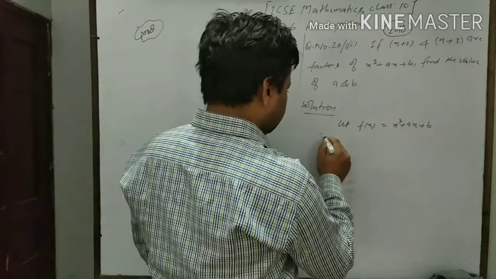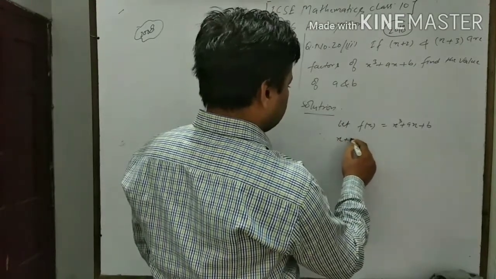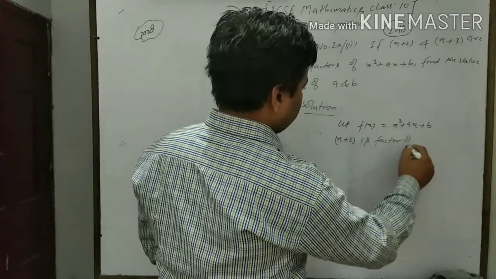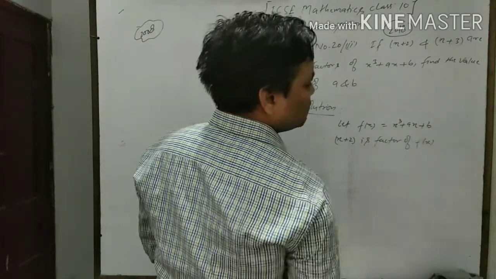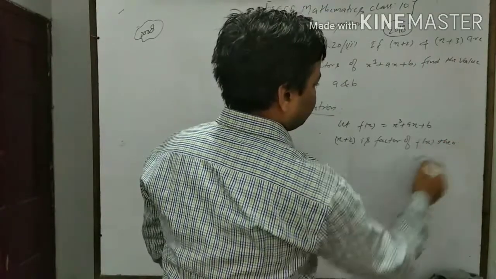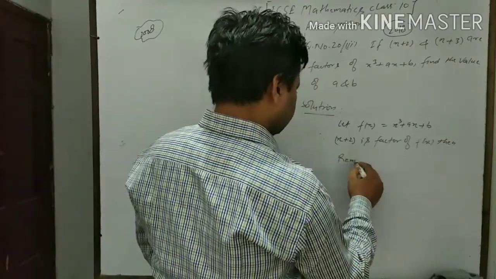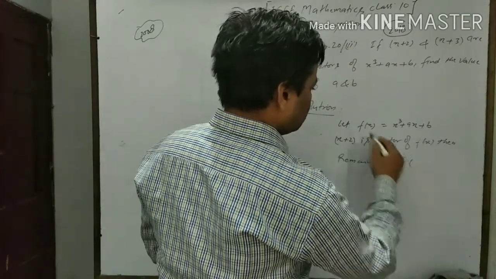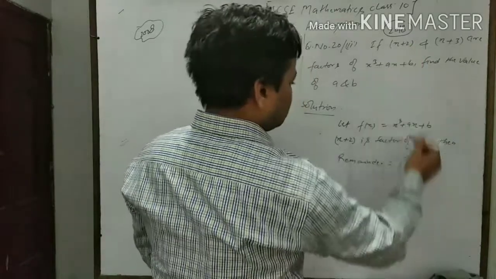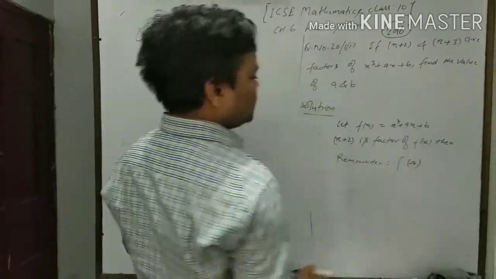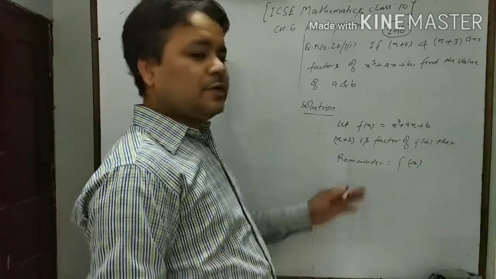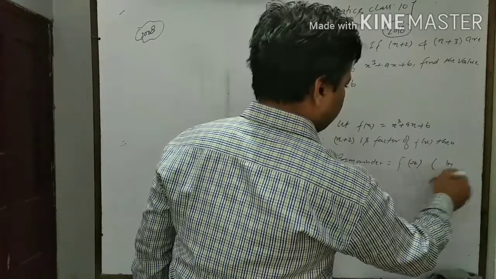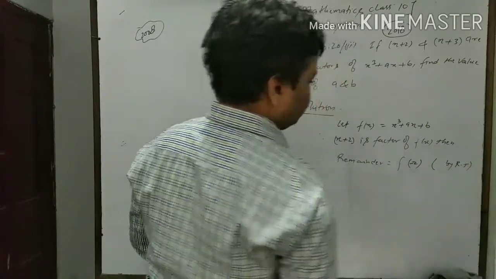After that, since x plus 2 is a factor of f(x), then the remainder is equal to f of minus 2. Why? According to the remainder theorem.